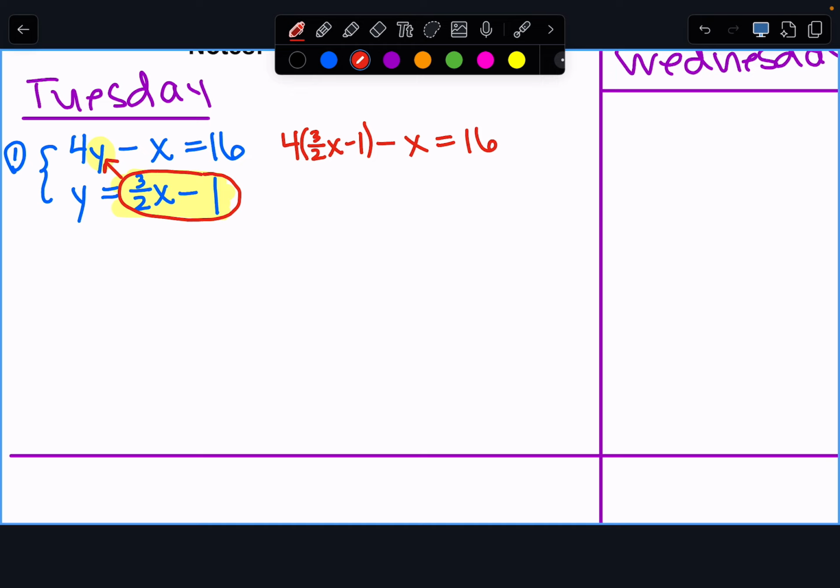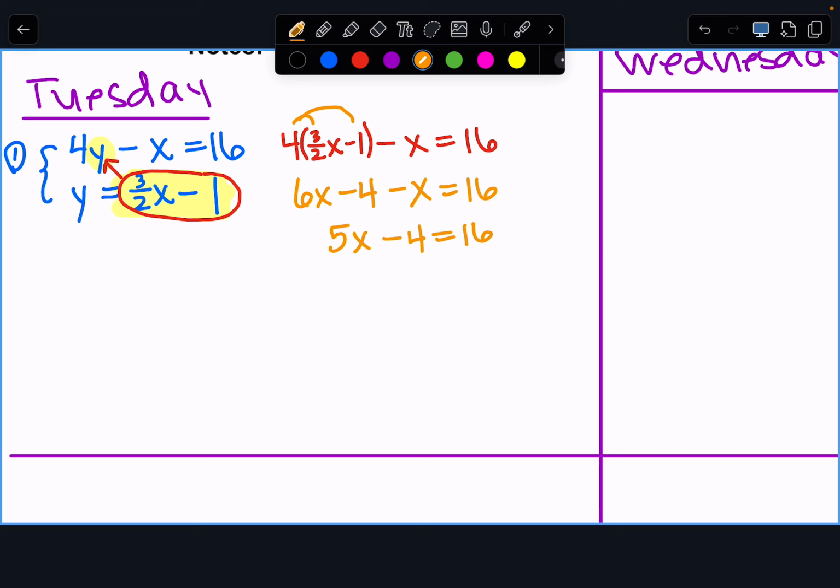Well, we can do that, right? We can go ahead and distribute. Help me out. What is 4 times 3/2 x? So 6x. Yeah. And then we would have minus 4 minus x equals 16. Do you agree? Okay. So really we have 5x minus 4 equals 16 if I combine like terms.